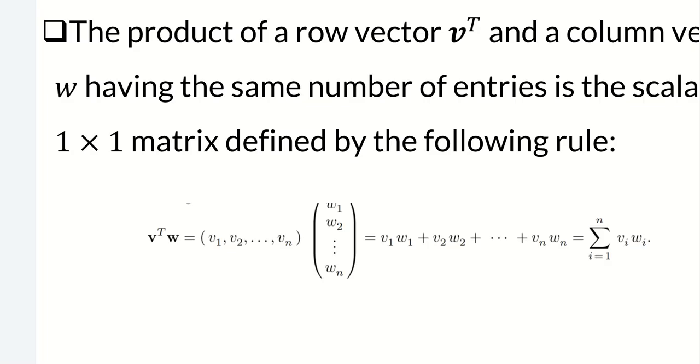So let's have this vector v that has been transposed, and w, which is a column vector. So I have my v over here. This has been transposed, so it is now a row vector, and a row vector we said can be written as 1 by n. Then I also have w, which is in column vector form.